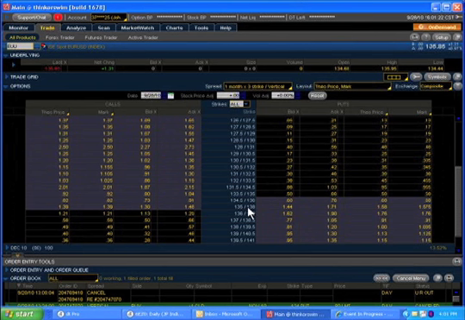Just looking at this with you together, I really don't see a great opportunity looking at a credit call spread. Nothing's popping out on my screen.